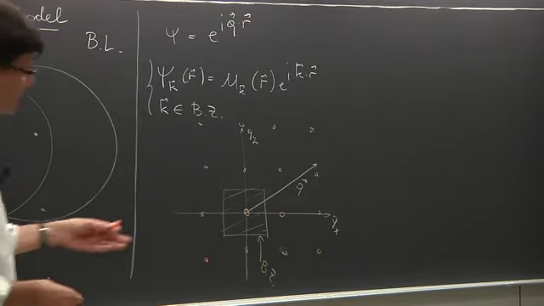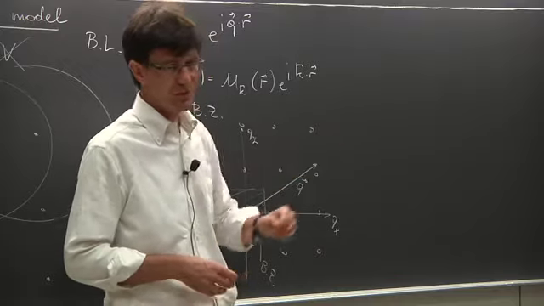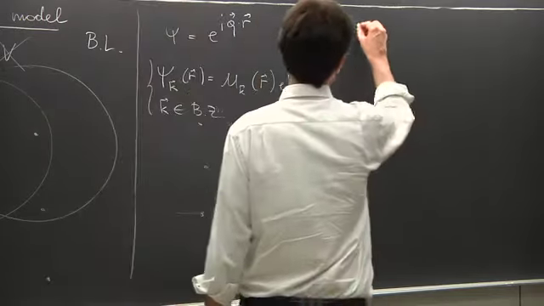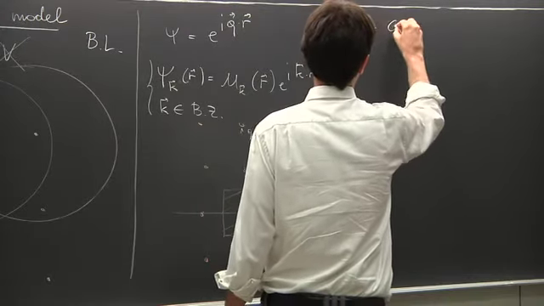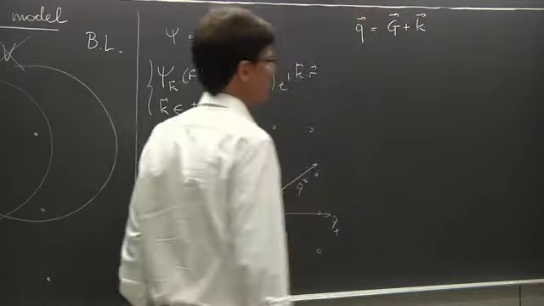But remember, we've done this trick several times now. If Q does not belong to the Brillouin zone, I can decompose it into a G vector plus a vector which belongs to the Brillouin zone.